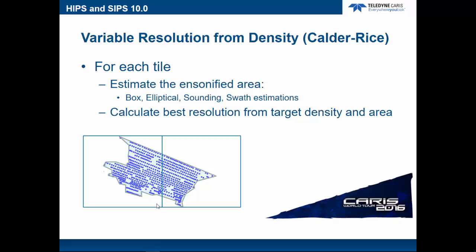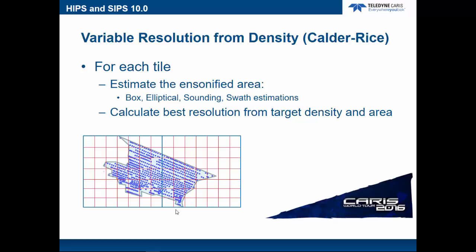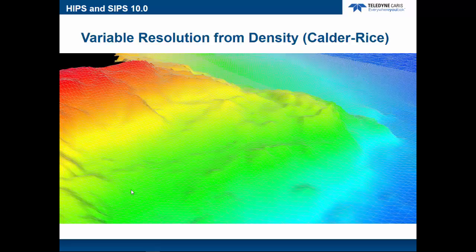We identify roughly what the area coverage is. We just need an approximation, and from that we can establish what the resolution needs to be to get, say, 20 points per node. So both density methods actually provide very similar results. Each one has their own pros and cons, but we provide both as an option to the user. And the Calder Rice result comes out looking something like this.